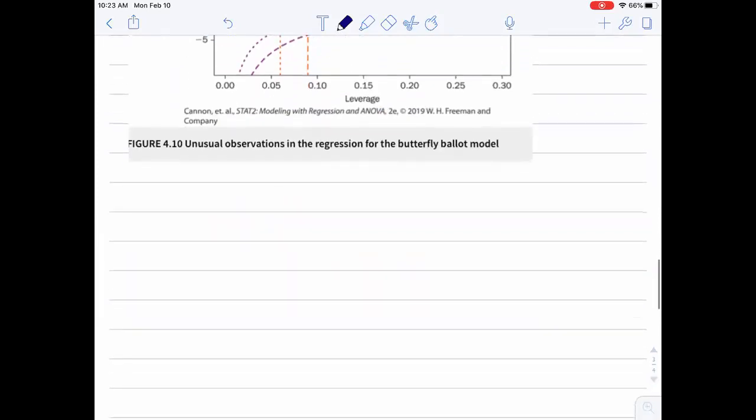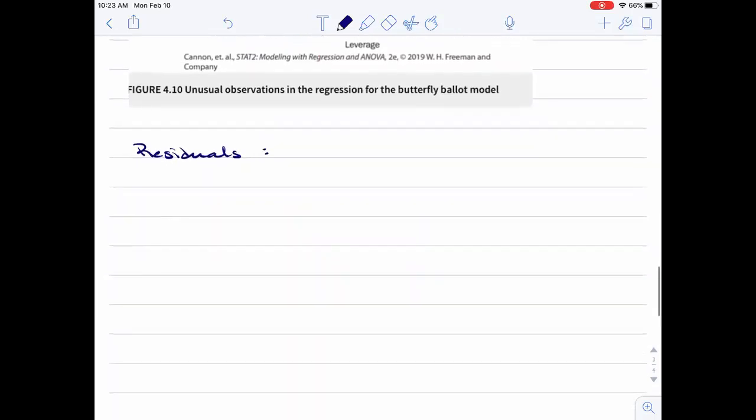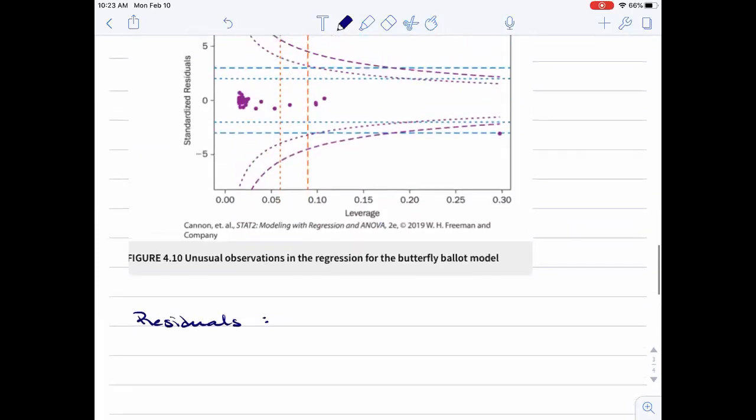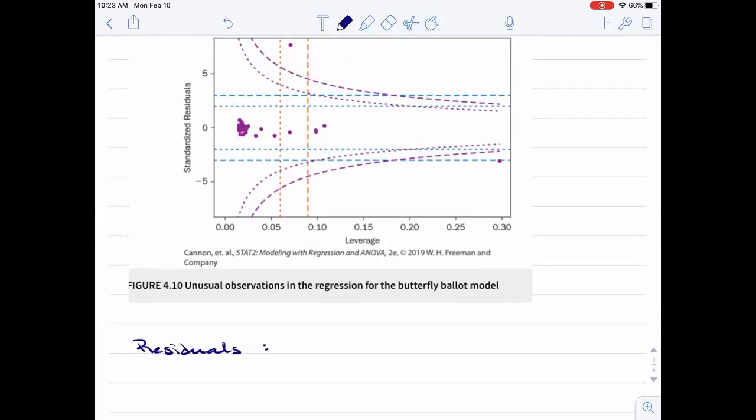But here, let's talk about the residuals. We talk about 2 different types of residuals. I would say they behave the same way though. So we'll just talk about them. But like here, we've got the standardized residuals, and those are usually the ones that we focus on.